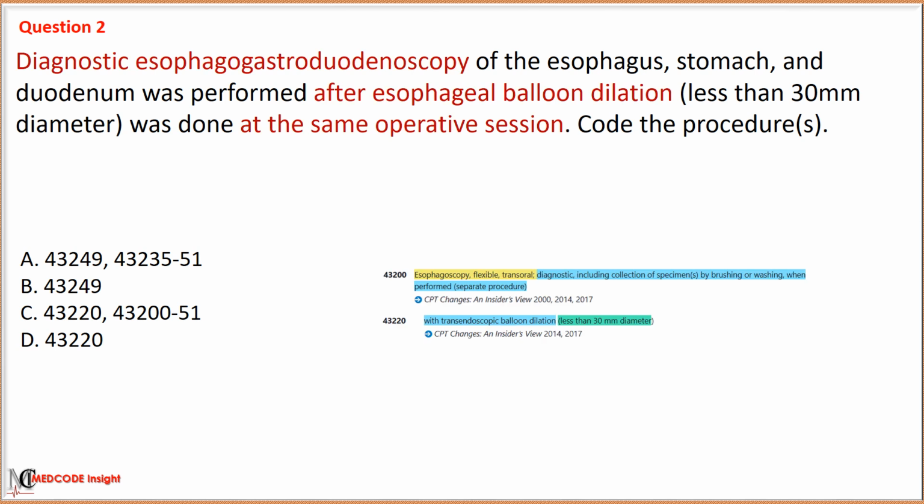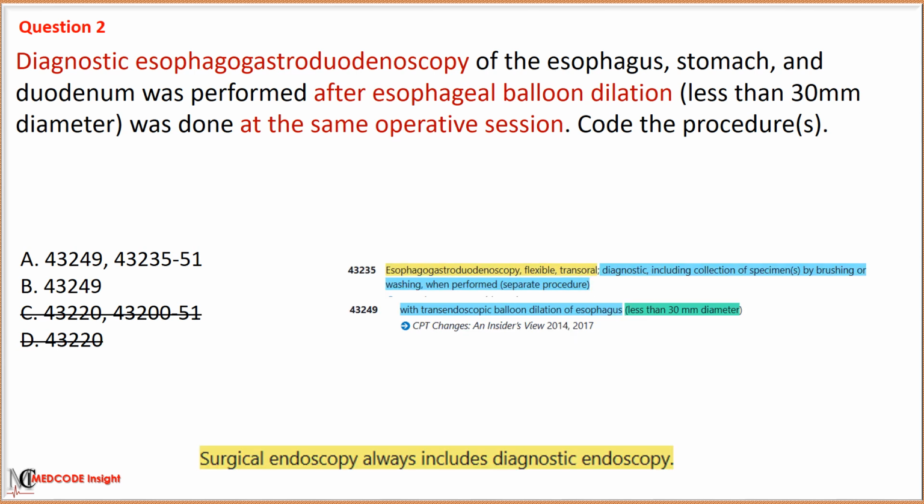In the given scenario, the patient is undergoing an esophagogastroduodenoscopy. We first eliminate options C and D, as both include codes that report esophagoscopy. In the given scenario, our key term to focus on is balloon dilation, which is mentioned in the code description of 43249. Code 43235 is listed as a separate procedure and is considered a diagnostic procedure.